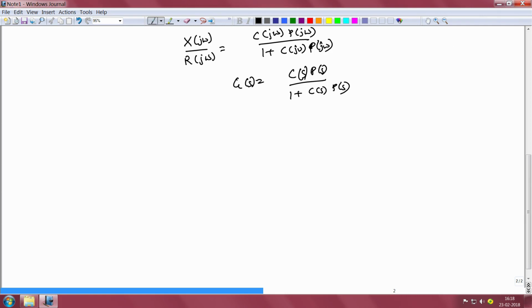We know that for the systems that we would be working with, our controller and plant would both be represented by linear time invariant ordinary differential equations. Therefore both C(s) and P(s) would be the ratio of two polynomials. So when I take their product, they too would be the ratio of two polynomials, let us say N(s) and D(s), in which case G(s) would be equal to N(s) by D(s) plus N(s).